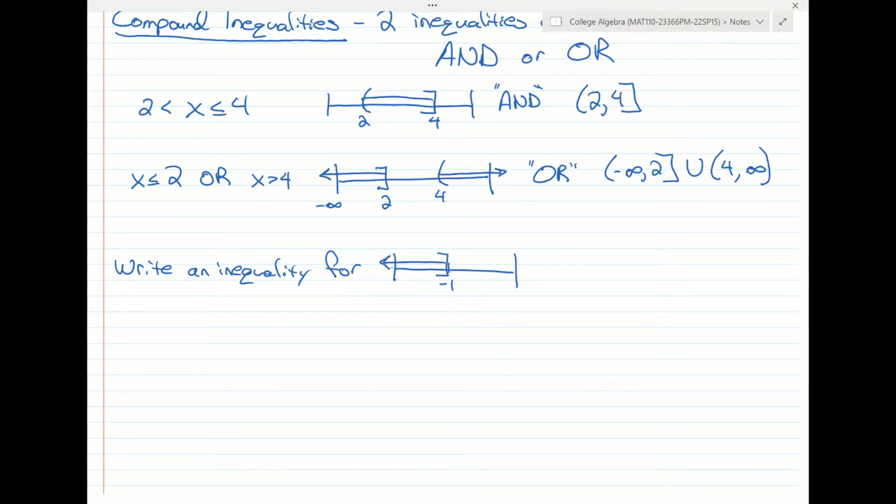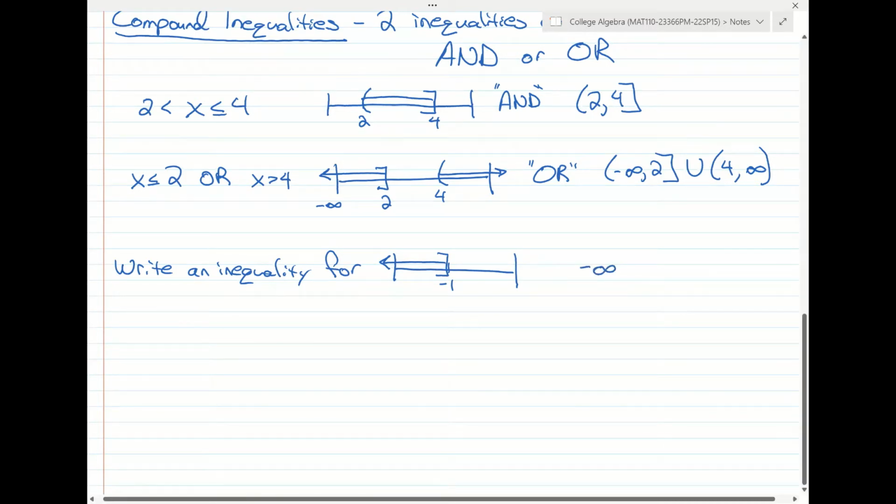It's important that we can graph, but it's also important that we can interpret graphs. Start with this graph. It looks like the left side is negative infinity. The right side goes to -1. And you should be able to come up with an inequality from the graph.